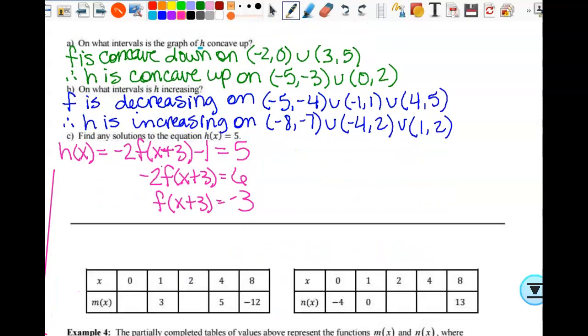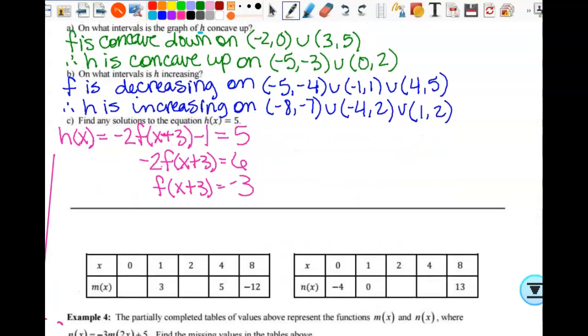I probably did. What did I do? Sorry. I did. Thank you very much. I'm on a roll here today. Something about those negative signs. Thank you. All right. F of x plus 3 equals negative 3, right?